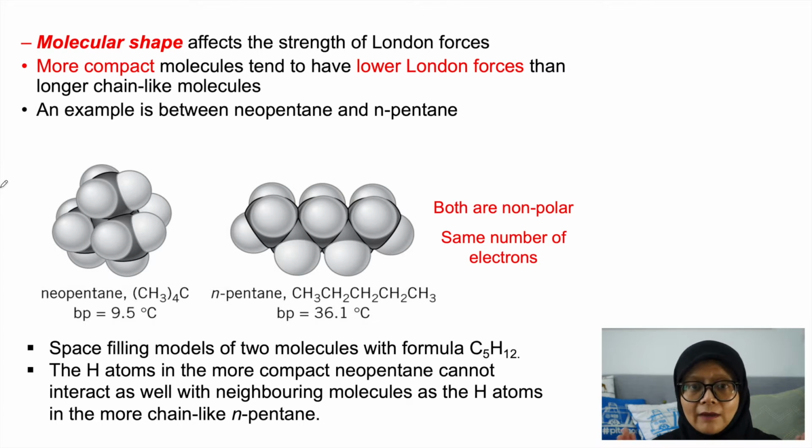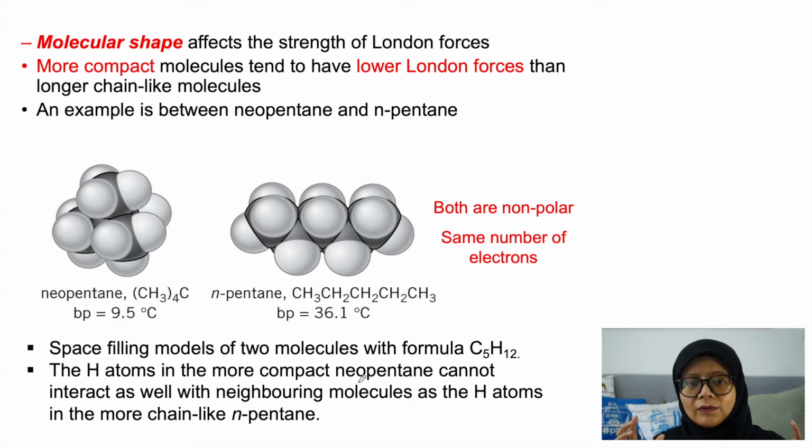In this we have an example of neopentane and n-pentane. Both of these molecules are non-polar and they have the same number of electrons, but the boiling point of n-pentane is much bigger than the boiling point of neopentane. Why did this happen?